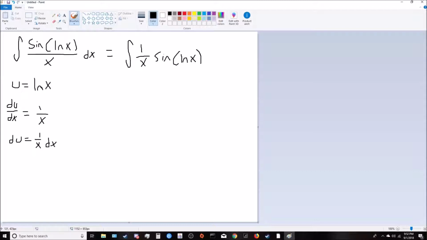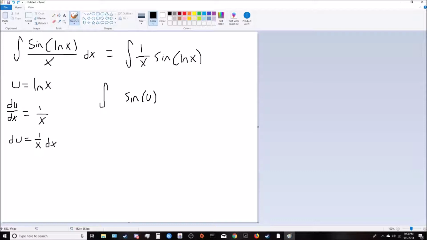Now that we have our u and du, we can start plugging back in. Putting our integral in terms of u, plugging our u back in, we get sine of u, since u is equal to the natural log of x, and plugging our du back in, we get our 1 over x. Sorry about that. We're putting things in terms of u, not x.